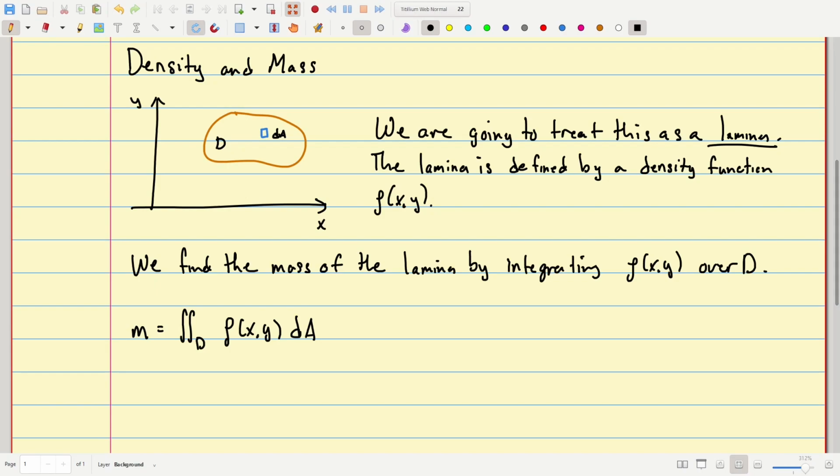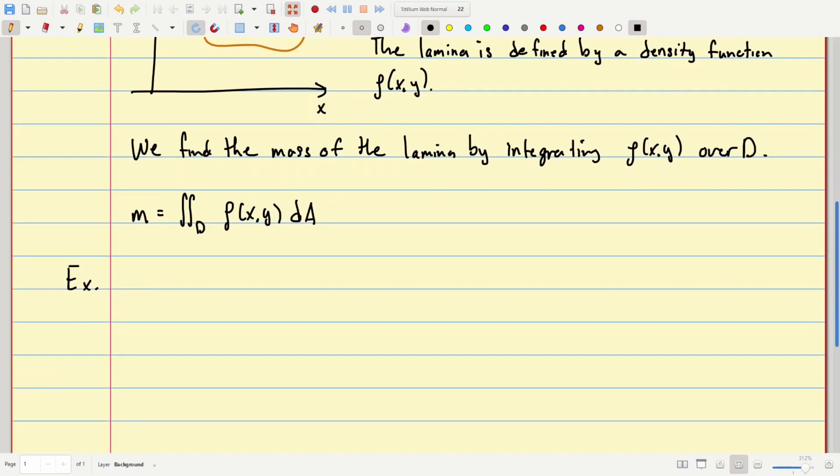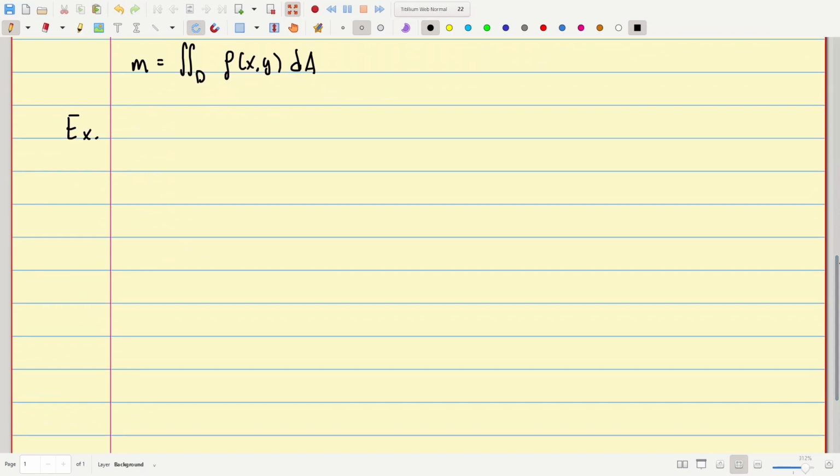This type of integral is going to form a basic piece of the next couple of applications that are related here. So if we borrow an example from the textbook, we want to compute the mass, and we're given this picture.